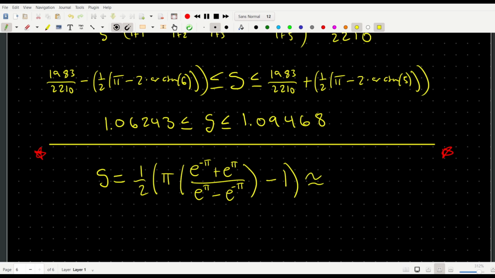Which is approximately equal to 1.07667. Which is, in fact, exactly between these two bounds.